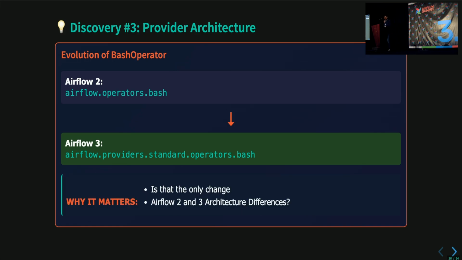In the next few minutes, we want to figure out together whether these are the only changes, that we just have to change a few lines of importing libraries, or whether there are some fundamental changes happening in the architecture between Airflow 2 and 3. From the keynote, we have heard that there are a lot of things, but we want to see them in action.